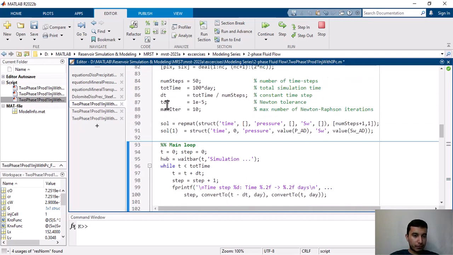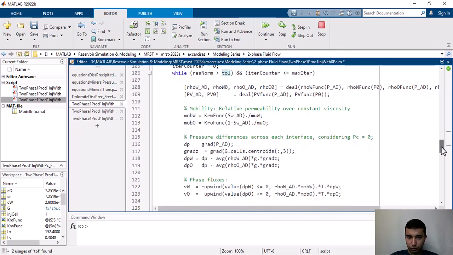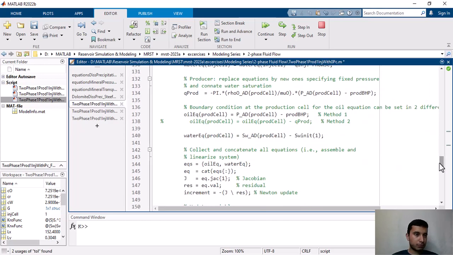If the residual of the equations is not less than the tolerance, we say that the problem did not converge, and we need to solve the problem again in order to get the exact solution. Of course, here we don't get the exact solution, but we try to be as close as possible.